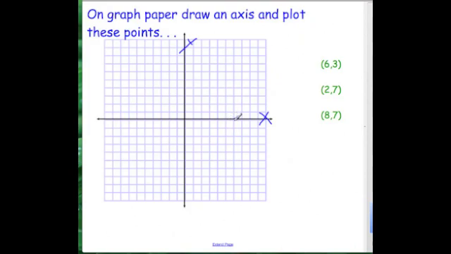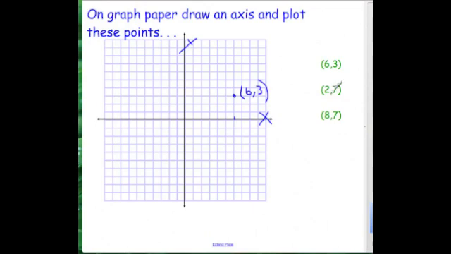And now that we have our 6, we look at the y part, and that says to go 3. So from 6 we go up 1, 2, 3. And now we just graphed 6, 3, and we always label where we graph so we remember where we are at. So 6, 3. You always put them in parentheses, and we just graphed our first one.